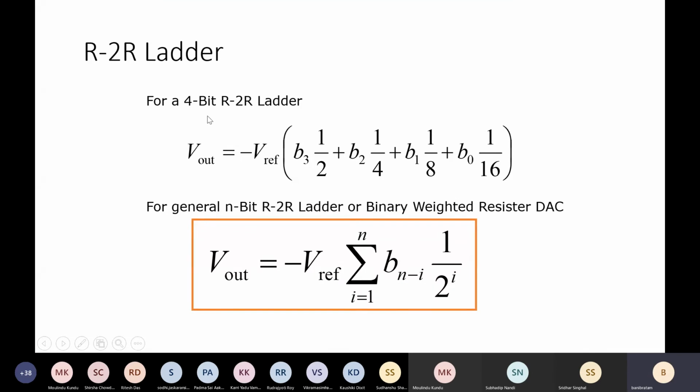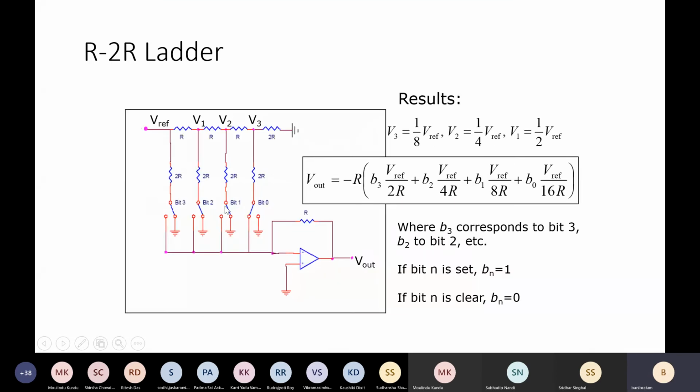Suppose we consider this 4-bit R2R ladder network. Here it is just represented in another way, but the same theory. So here this R2R concept, 2R, 2R, the equivalent is R plus R, 2R, 2R, 2R, R.